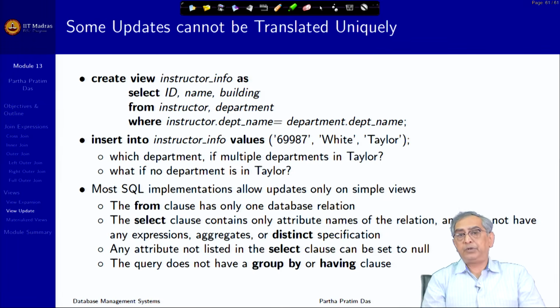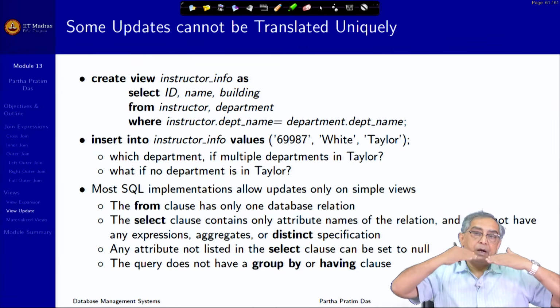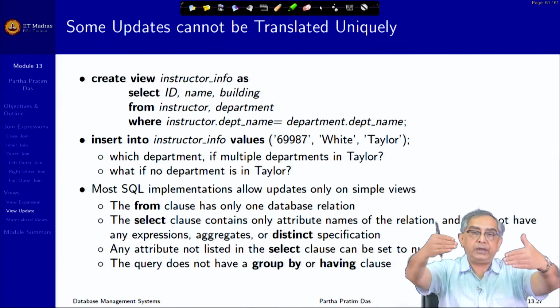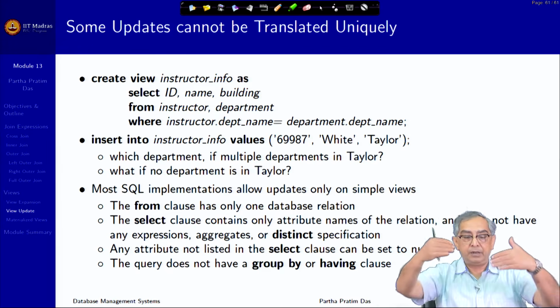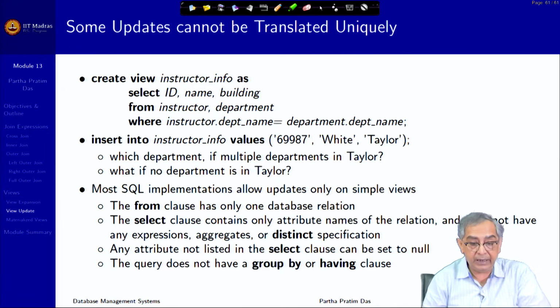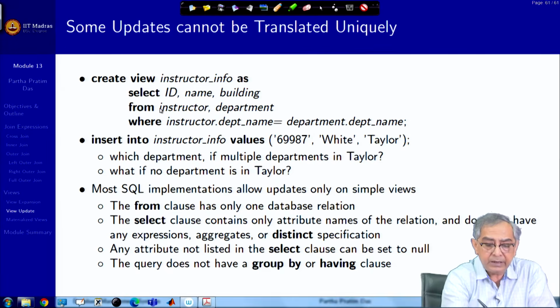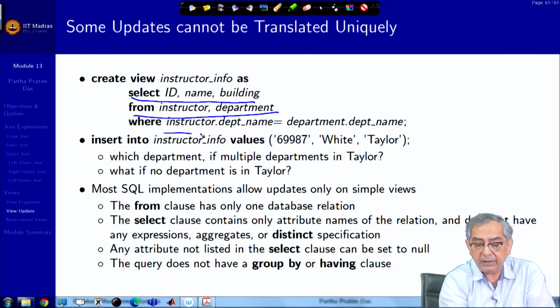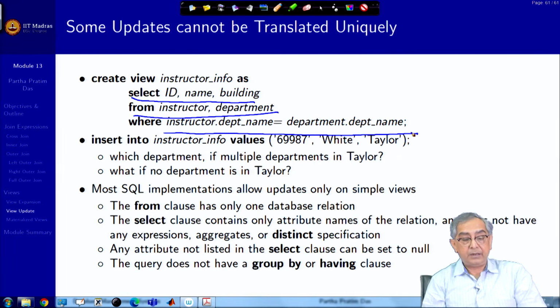If this is not possible, the update cannot take place. Now there are problems with updating the views because there are issues which cannot be uniquely translated. You are updating on the view and you want it translated in the physical relation, but not always can that be uniquely done. Just think about this: ID, name, building, instructor, department, department name, instructor.